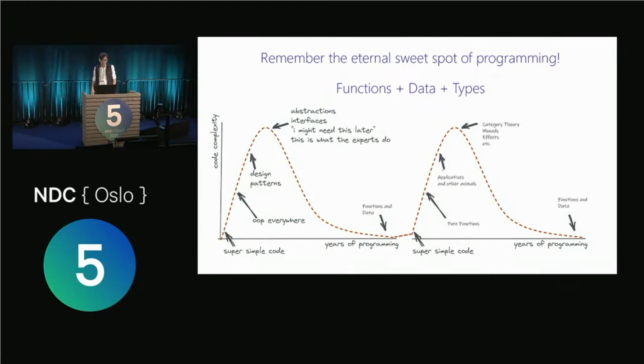And it's one of the reasons why sometimes people come to F# and they think, wow, I don't have everything, I can't, for instance, declare protected members in F#. I don't have everything I have in the object world. Well, there's a reason for that. We're trying to keep you in the sweet spot. Okay, we're trying to keep you in the sweet spot of functions and data.